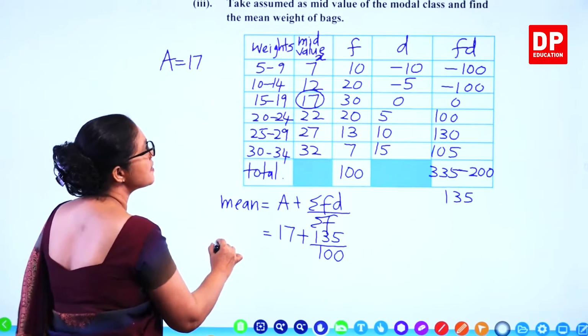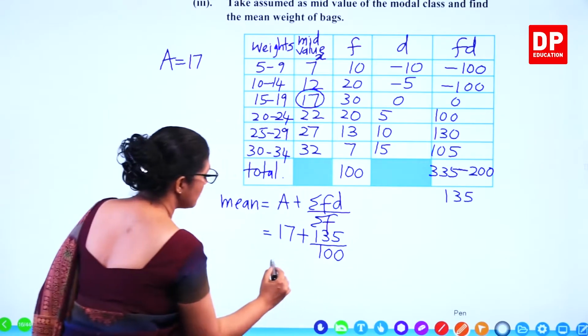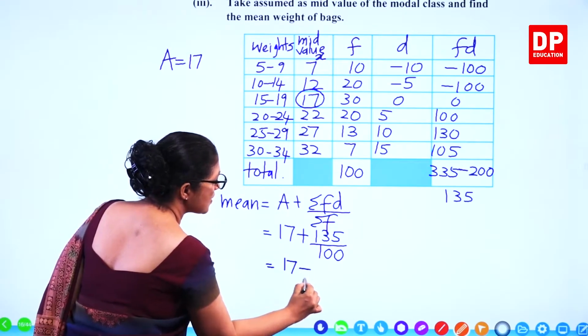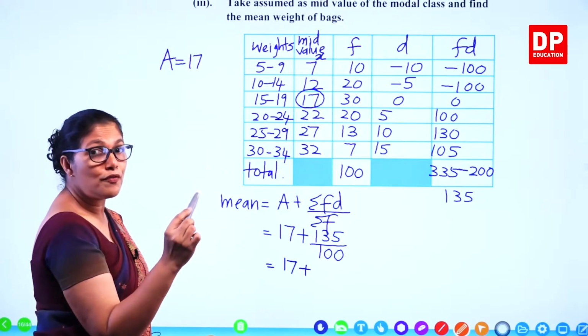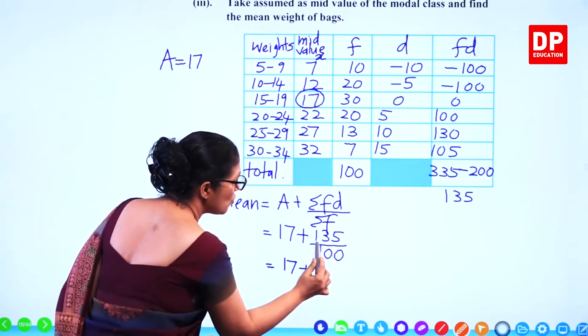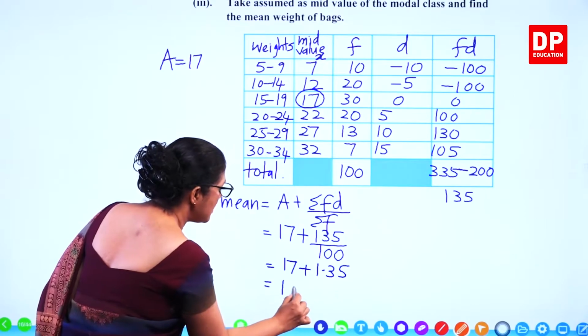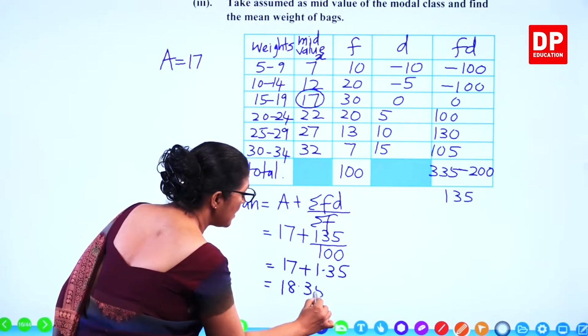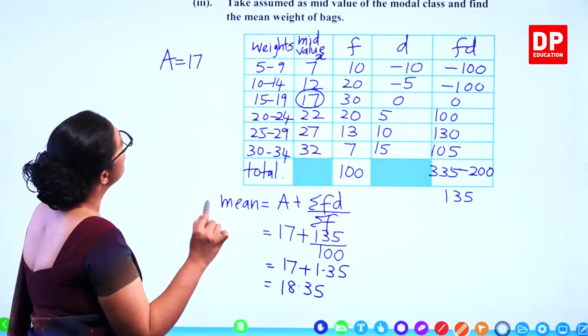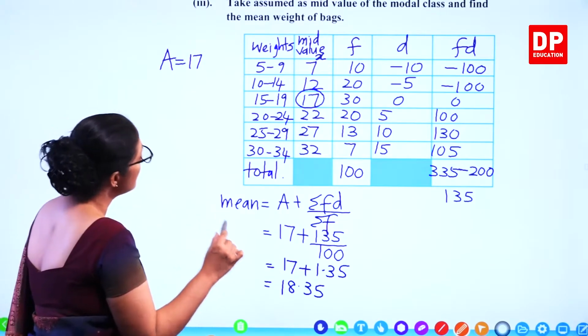So 17 plus, divide by 100 means move the decimal point 2 places to the left, 1.35. So you get 18.35 is the mean weight. So this is in kilograms.